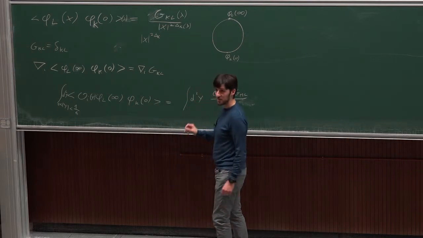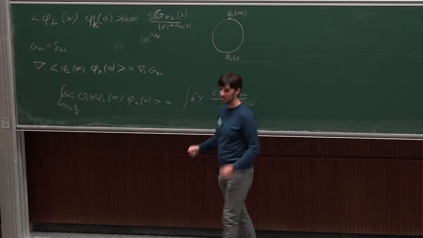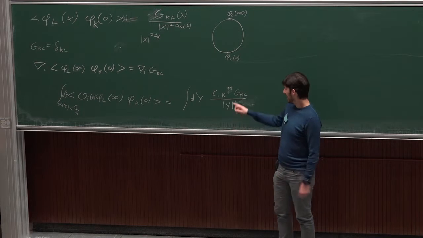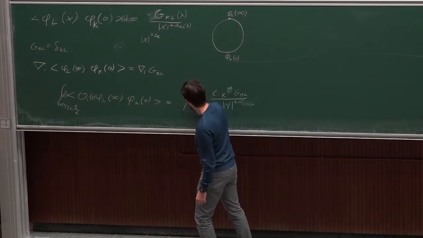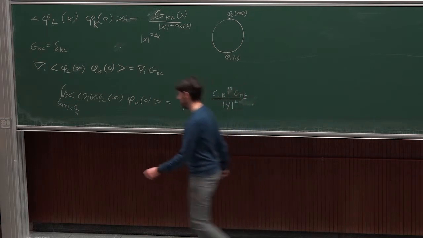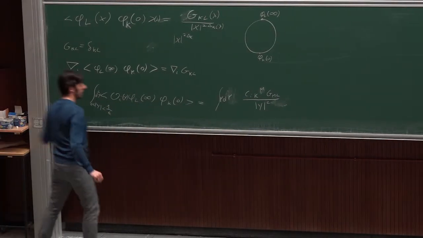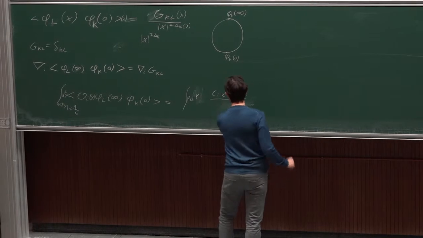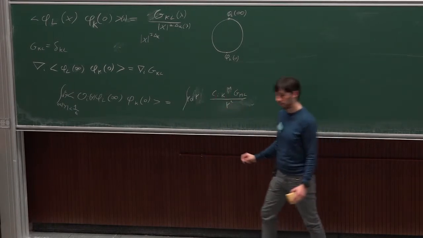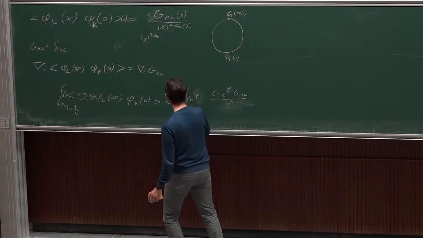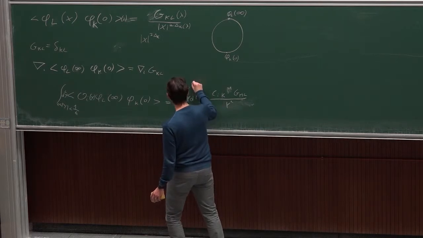You can do this integral in radial coordinates, and you write this as dr, r dr, r squared, from epsilon to 1 over epsilon.